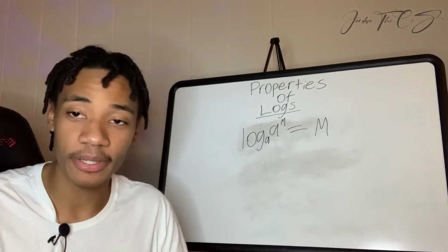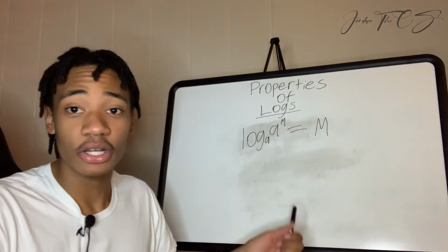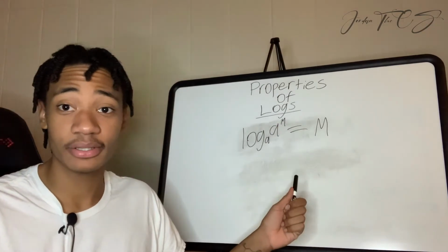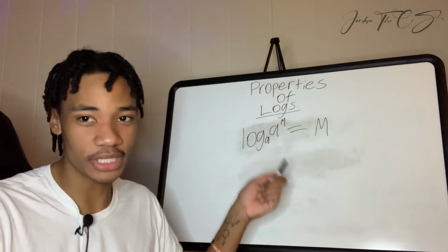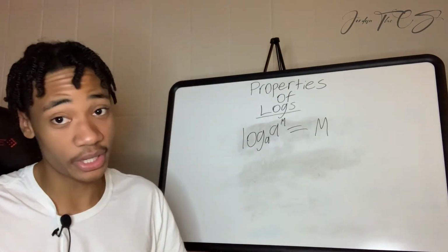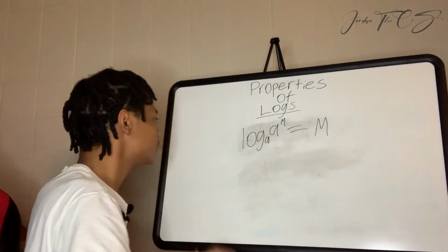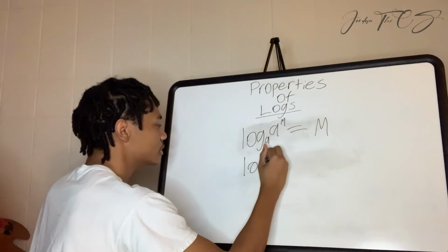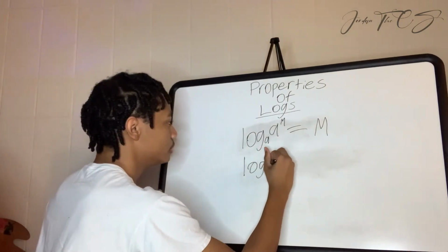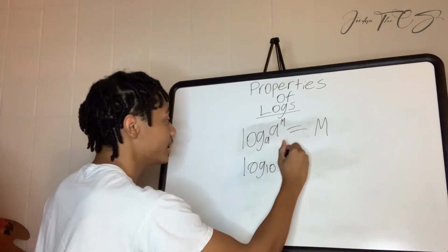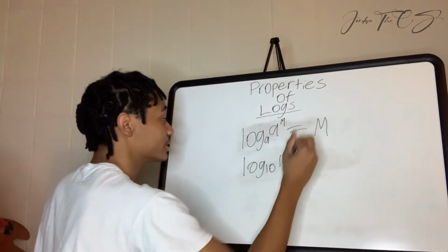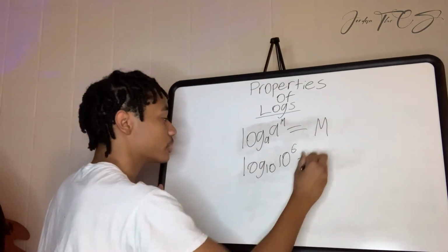So my next property I'm going to teach you guys is log base a of a to the m is going to equal m. Let me show you guys why. So we have log base 10 of 10 to the 6. What's this going to be?